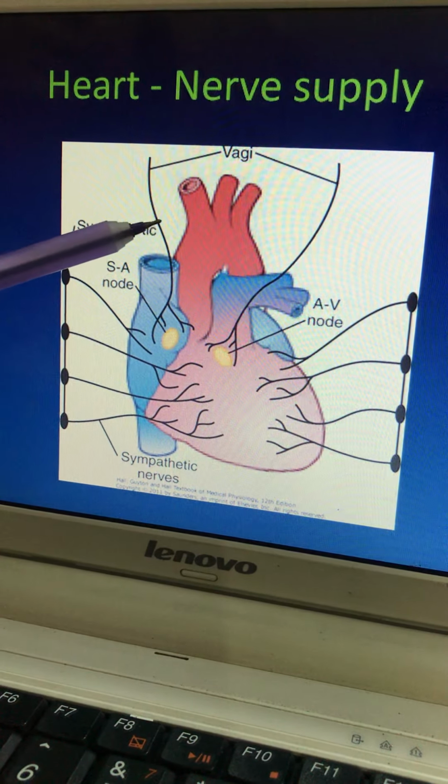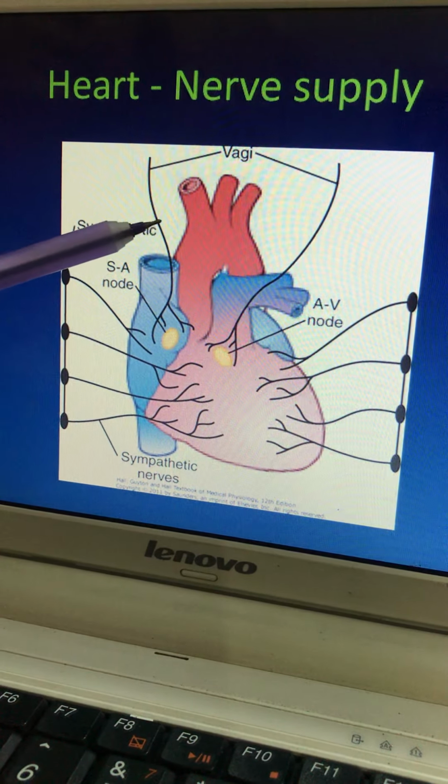That is the conclusion. The cardiac center is present in the medulla oblongata, that is the autonomic nervous system that controls the heart rate. Now, parasympathetic nerves are supplied by the vagus nerve and sympathetic nerves by the lower two cervical and upper six thoracic nerves.